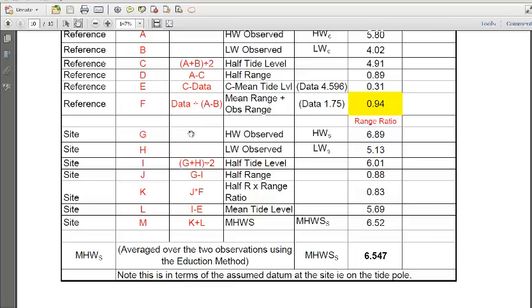We've gone through each one to determine the heights. We've got very reasonable answers which we consider to be acceptable. A slight variation of no more than 20 to 30 mils, which on the face of it is quite reasonable. And this is for determining a level suitable for cadastral purposes.